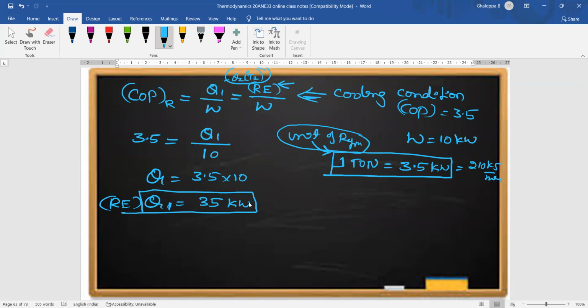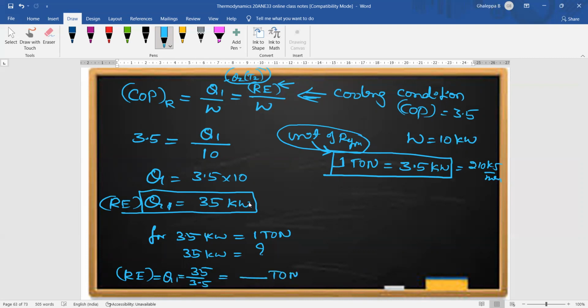Here, 3.5 kilowatt is equal to 1 ton of refrigeration. So 35 kilowatt is equal to how much? 35 divided by 3.5 will be the answer for the refrigerating effect Q1 in terms of tons of refrigeration.